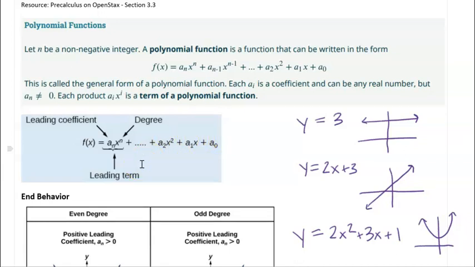In order to do so, you're going to look at what is called the leading term. The leading coefficient is going to tell you the direction of the end behavior. N is going to give you the degree or the way in which the end behavior is either the same direction or maybe opposite directions.